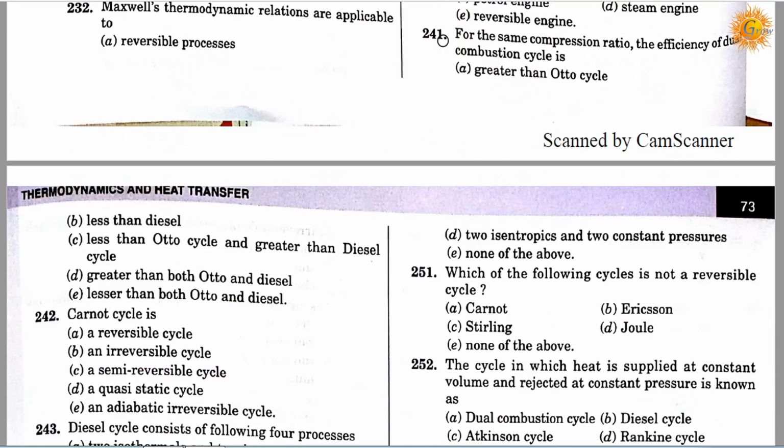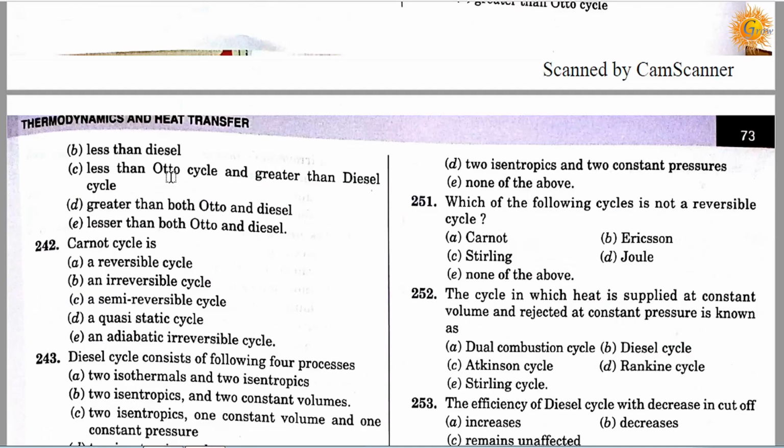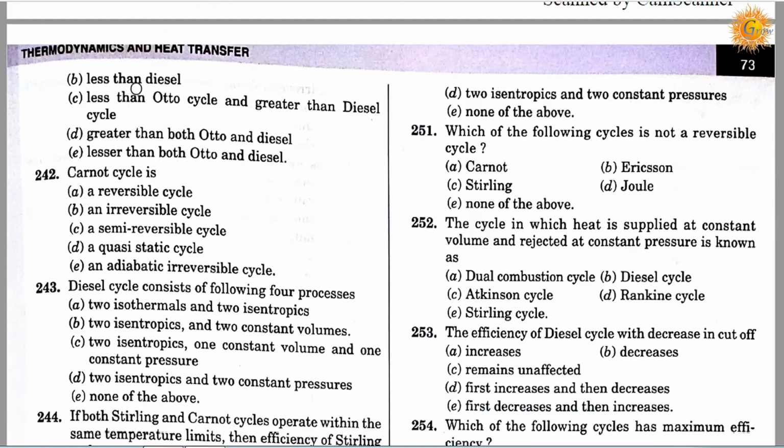Question number 241. For the same compression ratio, the efficiency of dual combustion cycle is: option A, greater than Otto cycle; option B, less than diesel; option C, less than Otto cycle and greater than diesel cycle; option D, greater than both Otto and diesel; option E, lesser than both Otto and diesel.